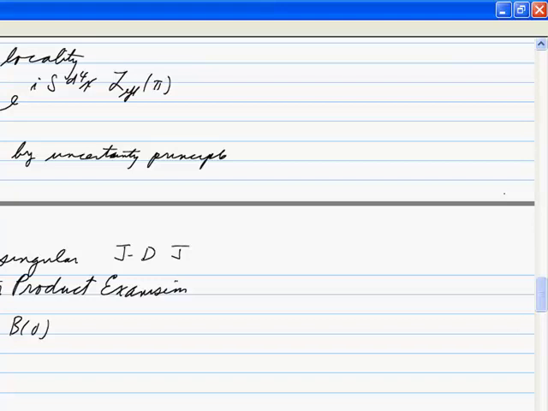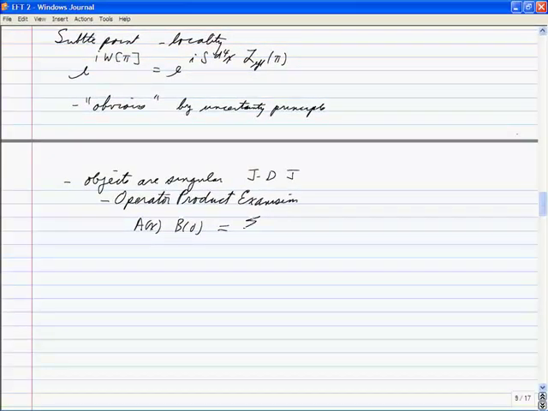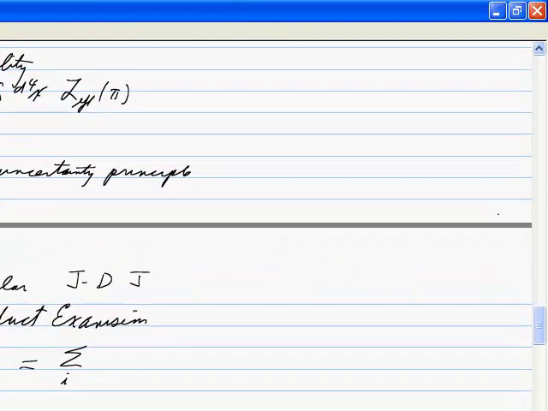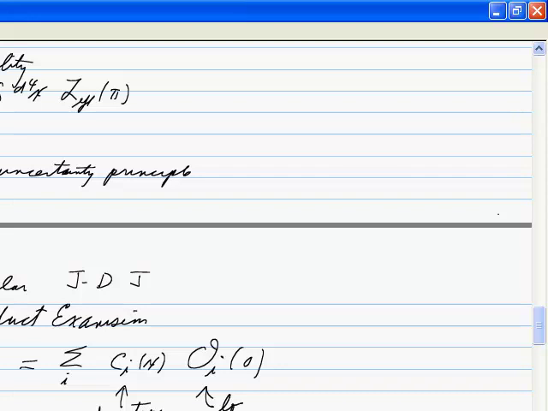As they get very close to each other, we will end up writing this as a sum over a whole bunch of operators, some coefficients that depend on x, and the operators that are evaluated at the origin. Okay. So these guys are going to be functions. Technically, they're called Wilson coefficients. These are local operators.